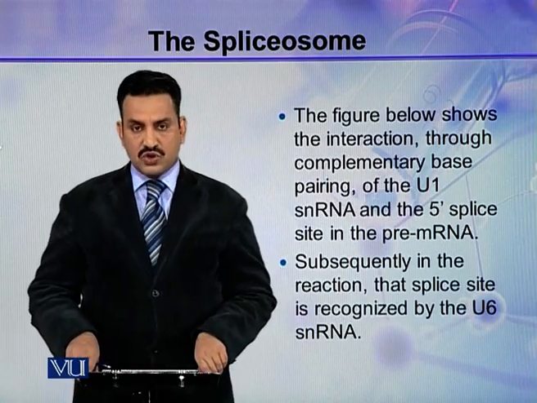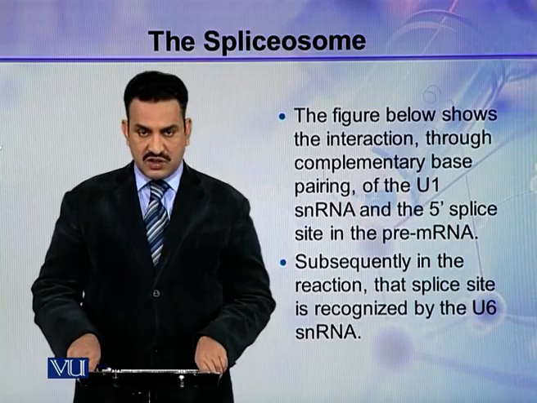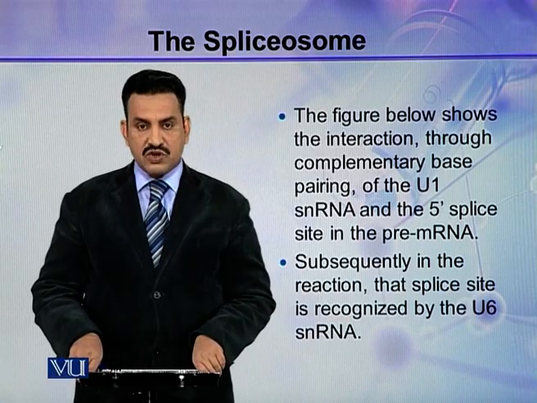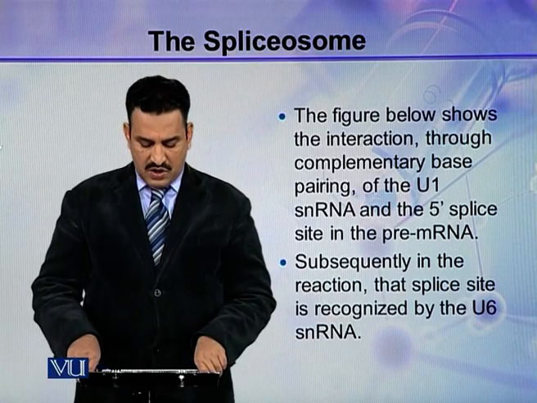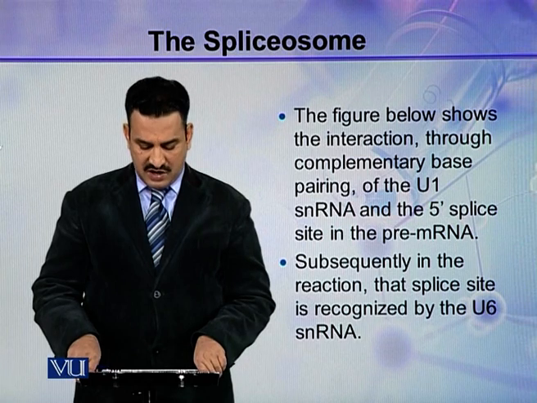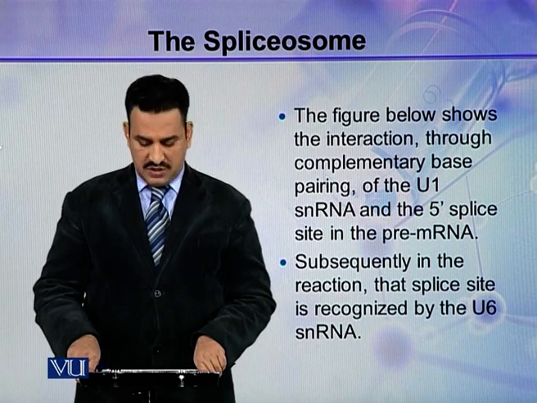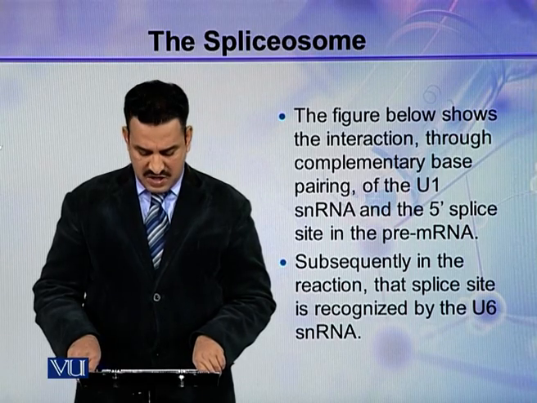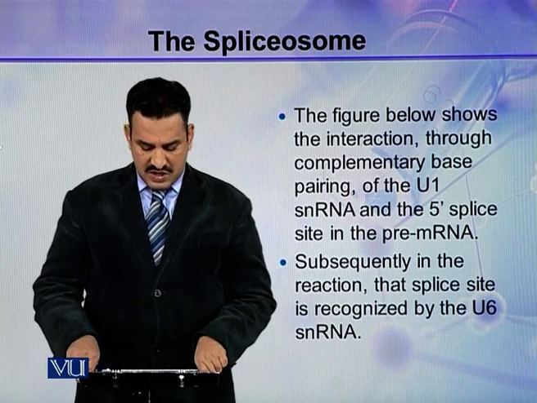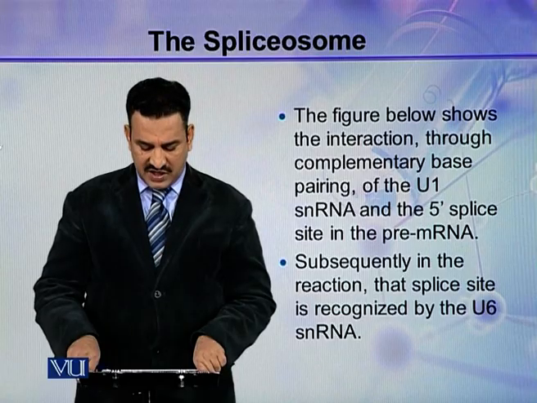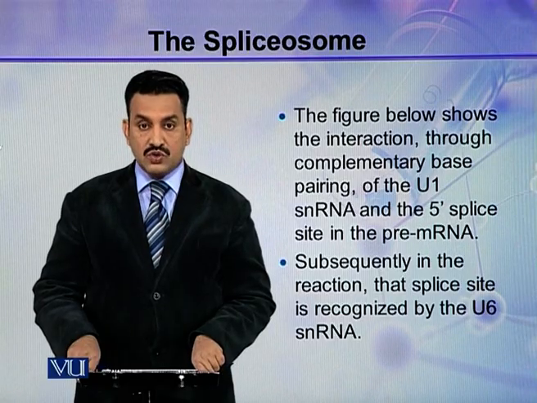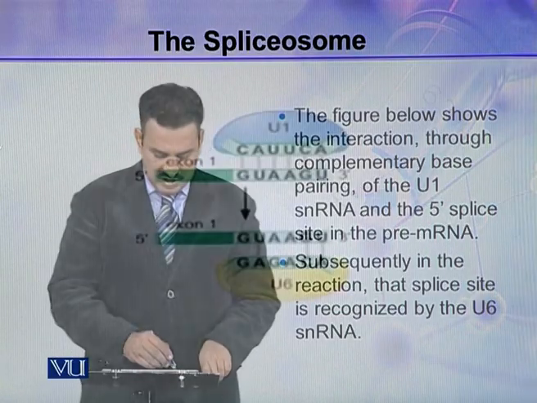The figure below shows the interaction through complementary base pairing of the U1 snRNA and the 5' splice site in the pre-mRNA. Subsequently, in the reaction, the splice site is recognized by U6 snRNA.